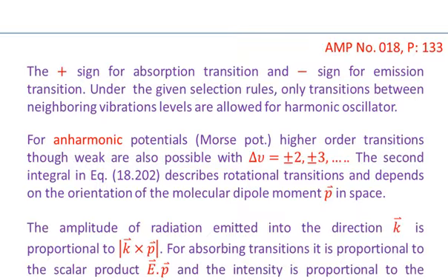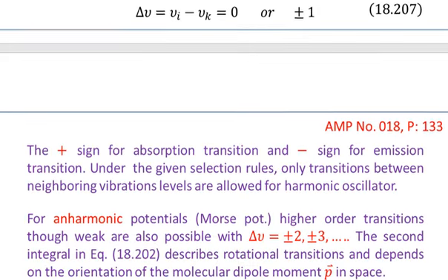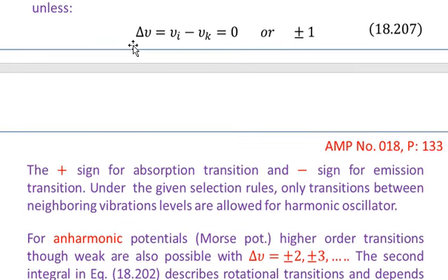So this plus or minus sign with the change of vibrational quantum number V by plus or minus 1 indicates that if a transition between two consecutive vibrational quantum states occurs, then the integral for the harmonic oscillator will not be equal to 0, otherwise it will be equal to 0.